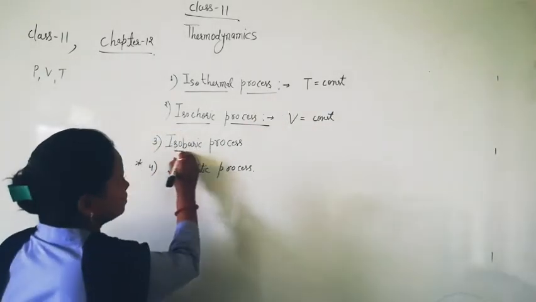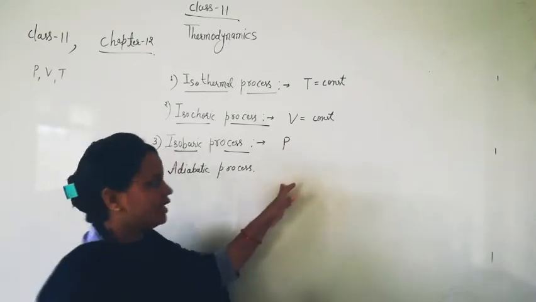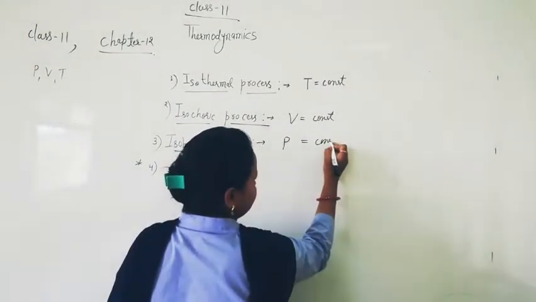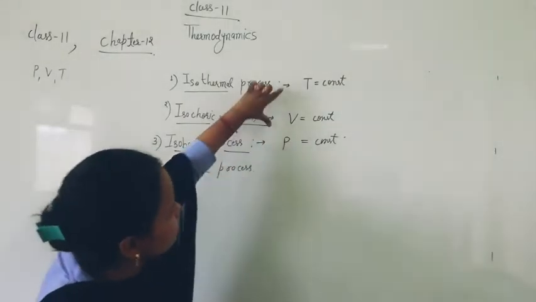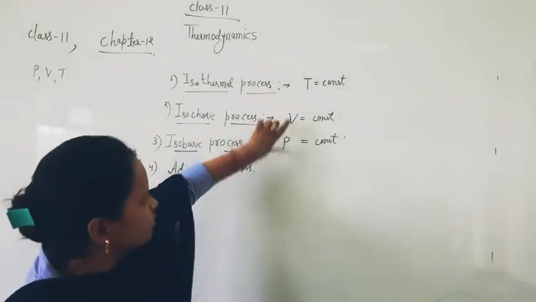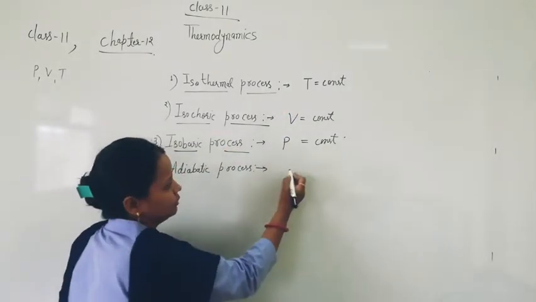And in the third, the isobaric process, we have the pressure state variable at constant.